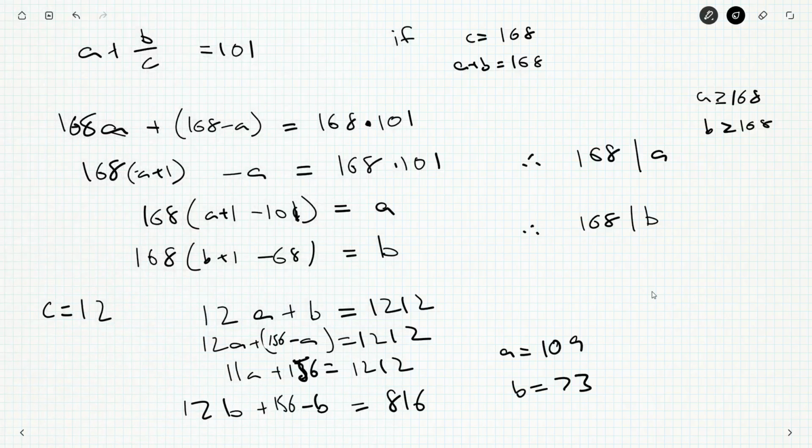So 1212 minus 156 divided by 11. A is 96. That's looking a little nicer. And 816 minus 156 divided by 11 is 60.